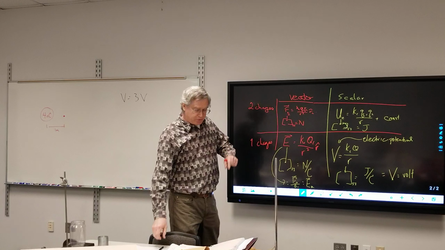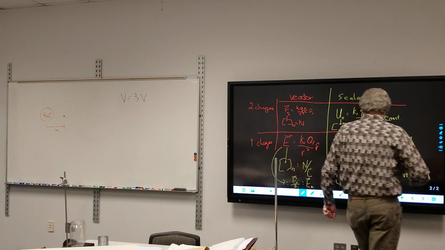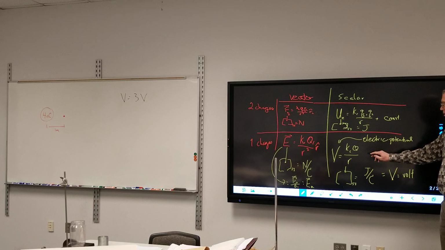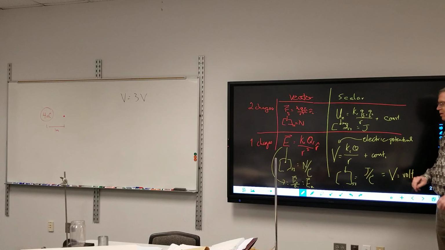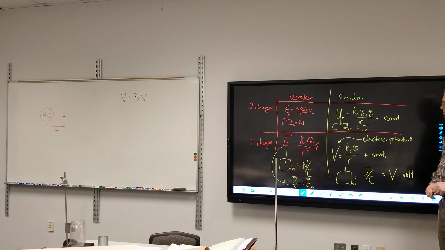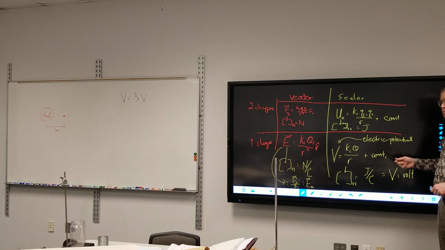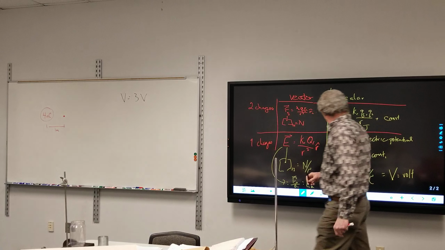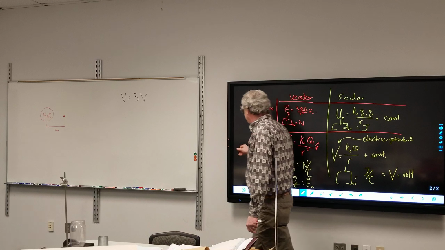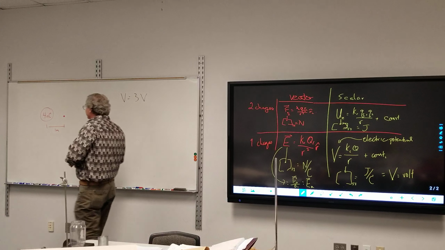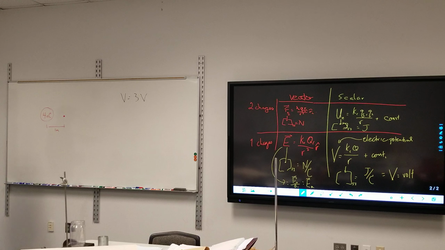Now, you might have noticed that there is an issue here. Plus a constant. Not the same constant as that one, necessarily, but a constant. Actually, units would be different, so they wouldn't be the same constant. All right, so what's the potential at this point?